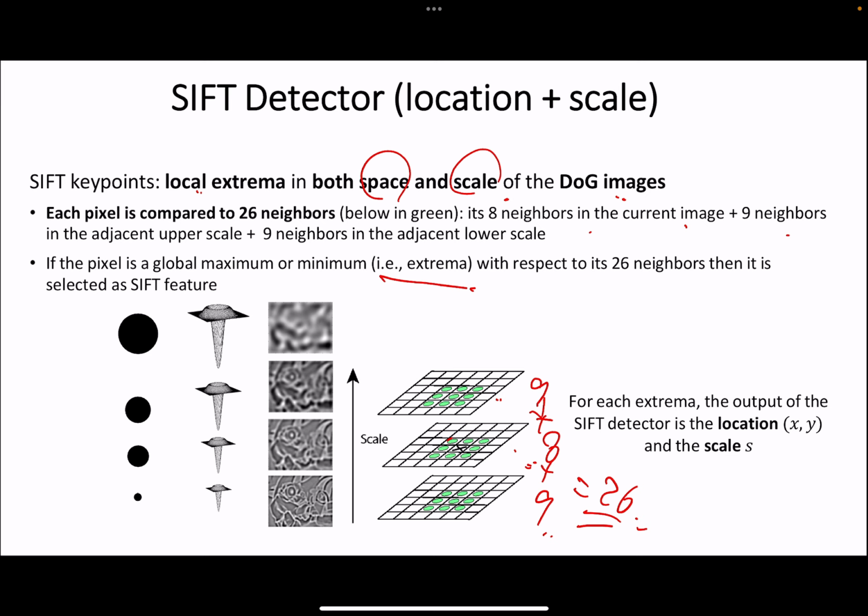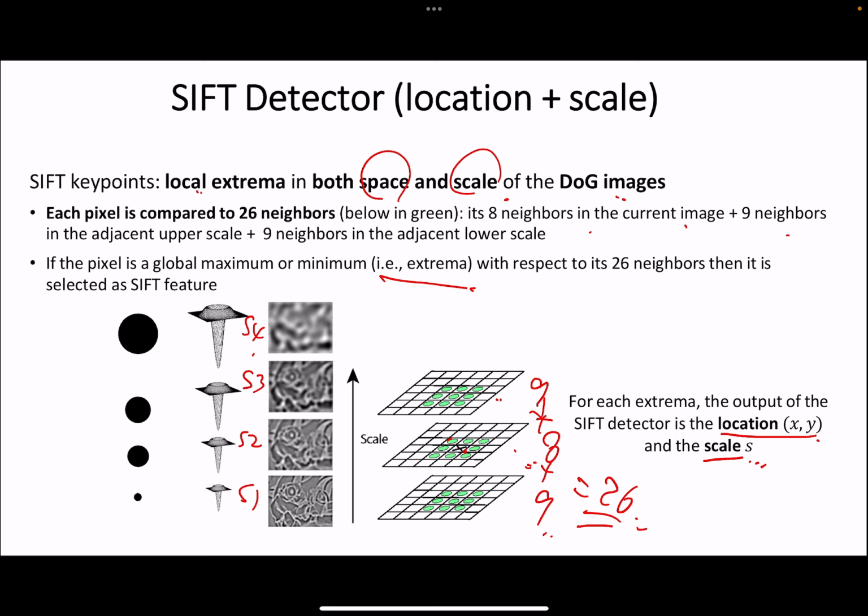For each extrema, the output of the SIFT descriptor is the location, this pixel's location, and the scale. There are multiple scales, and we will see how we can build scale space later. Let's say scale 1, scale 2, scale 3, scale 4. This image belongs to scale 2, and let's say this pixel's position is x, y.